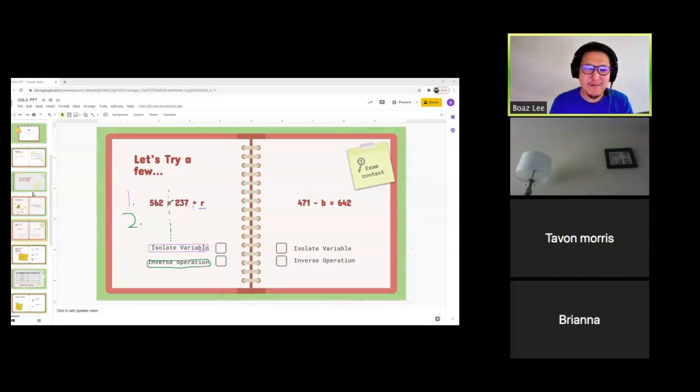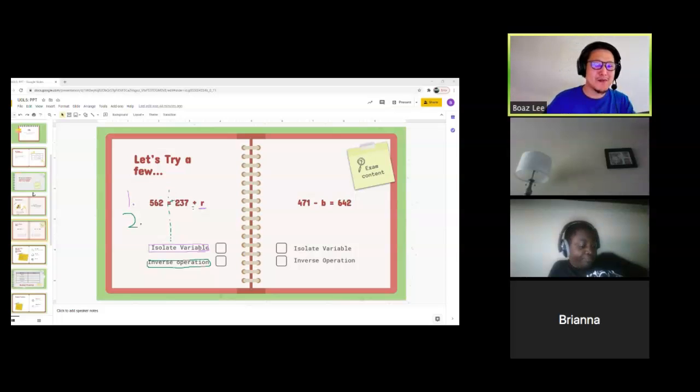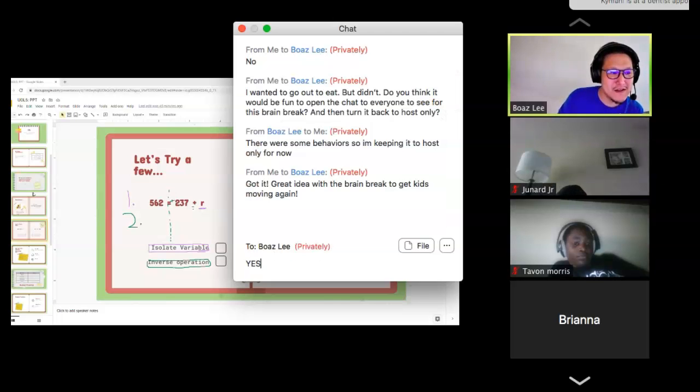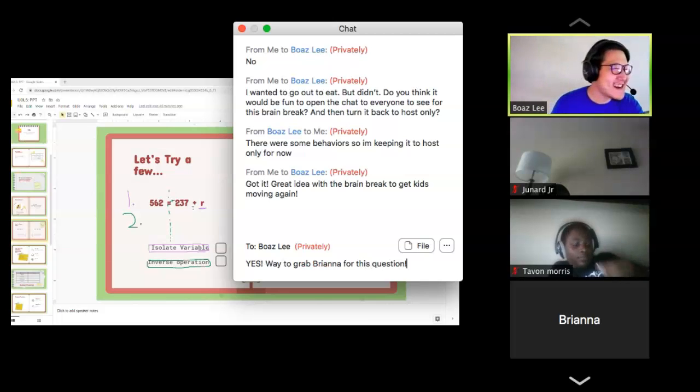So this is my guided practice. I'm just going to ask for participation, and I'll start to let you know where the notes really kick in, okay? All right. So, hey, Brianna, while you're here, what is the inverse of addition? So what is the opposite of addition? There you go, subtraction.